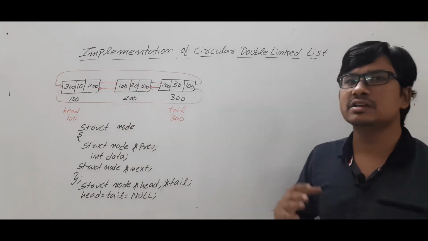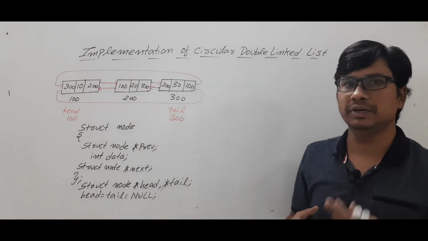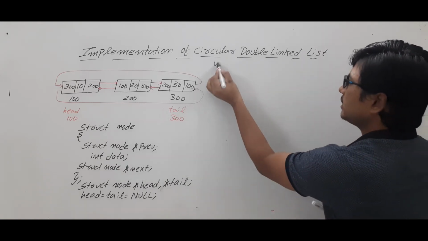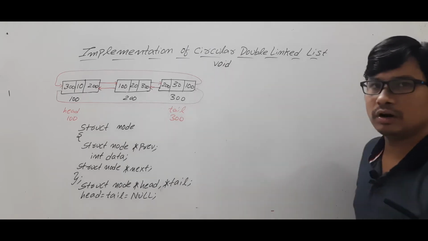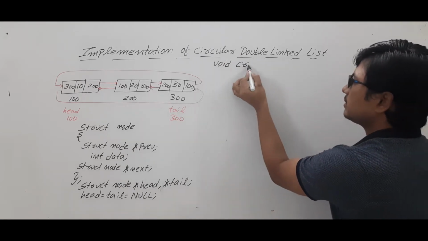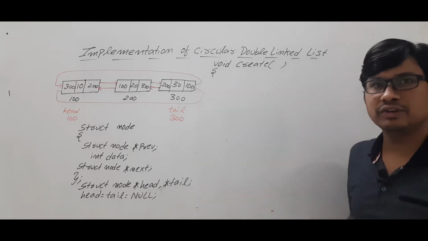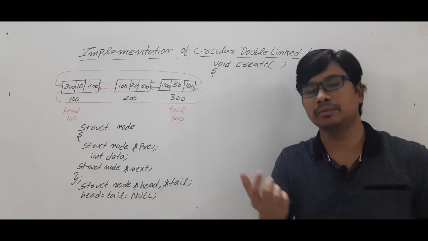Now let me discuss how to implement the circular double linked list. Let me write a user defined function called create. To create, the first thing is that we need to declare a pointer.